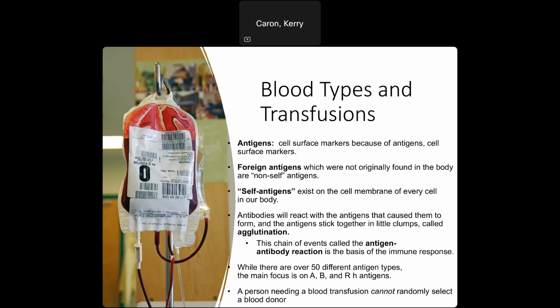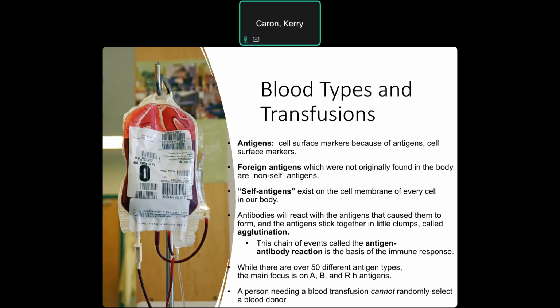So self antigens don't usually cause us a problem. Think of antibodies and antigens as two puzzle pieces that fit together. An antibody will react with an antigen and cause them to clump and stick together, and that's called agglutination. When you have an antigen-antibody reaction, that's an immune response.